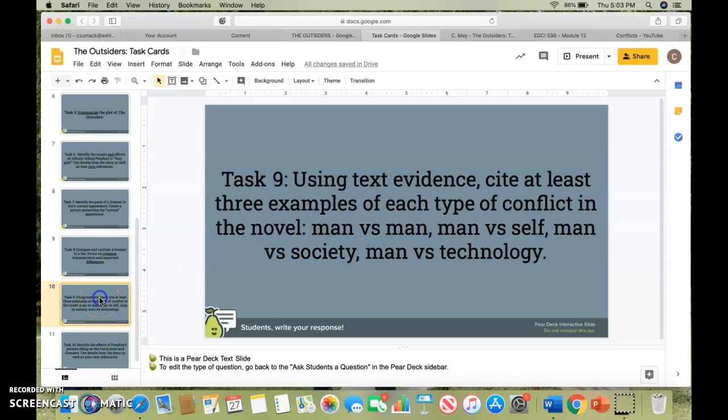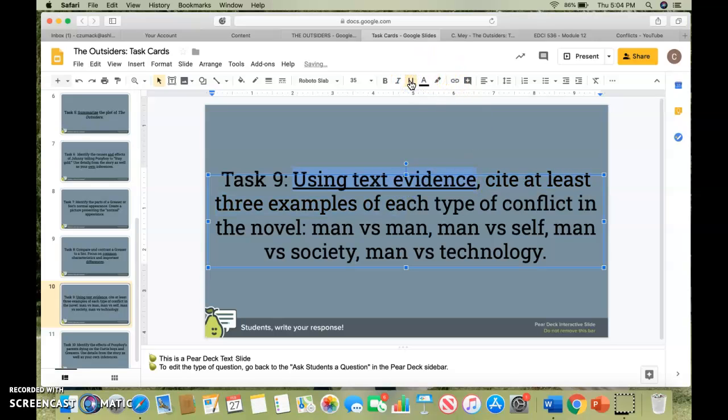All right, we're almost done. Task 9, using text evidence. Let's just read that again. Using text evidence, so important. Using text evidence, cite at least 3 examples of each type of conflict in the novel: man versus man, man versus self, man versus society, man versus technology.